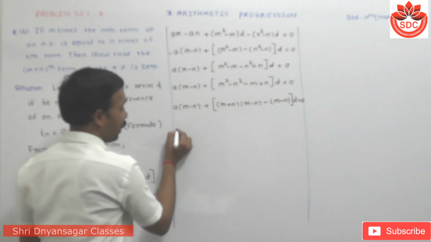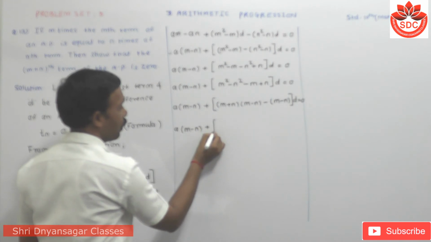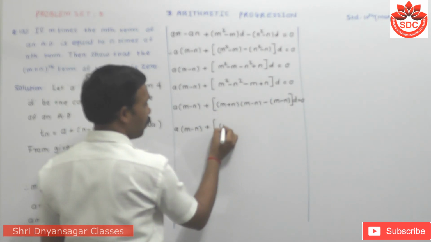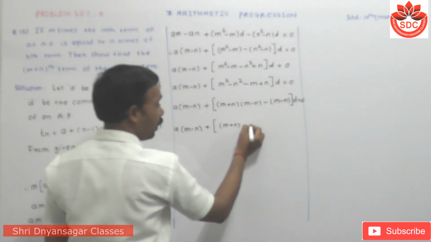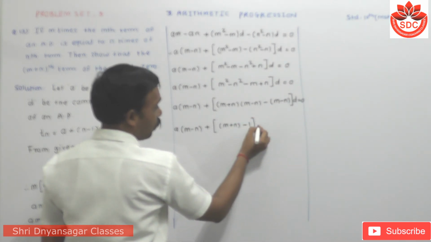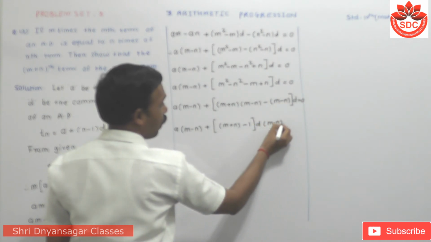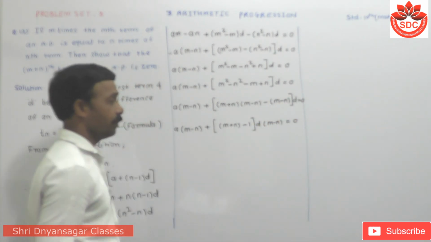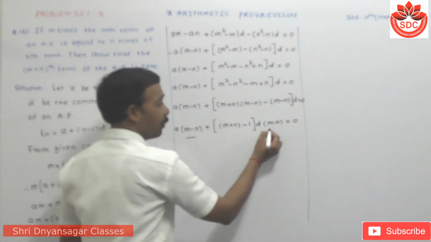Then we write a(m - n) + (m + n - 1)d as it is, and then this (m - n). Look carefully how to take common here. Next student, observe carefully, here is also (m - n) and (m - n).